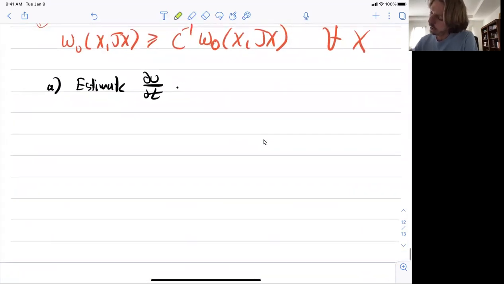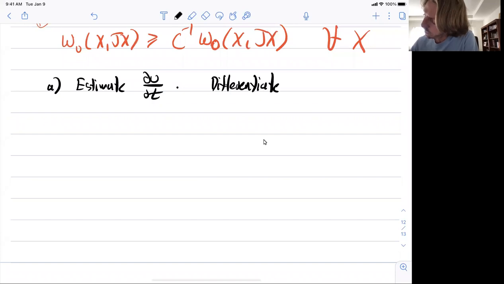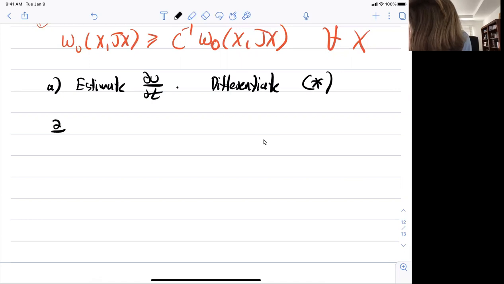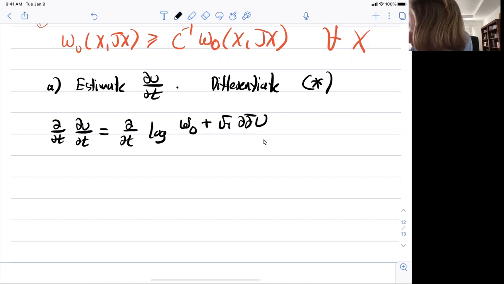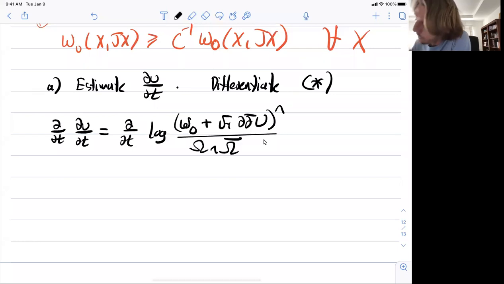So we're going to estimate du dt, and the only real trick we have is to differentiate things. So we differentiate star, and something sort of magical happens. You take d dt of del u del t. This is d dt log of omega naught plus I dd bar u naught to the n divided by omega wedge omega bar.